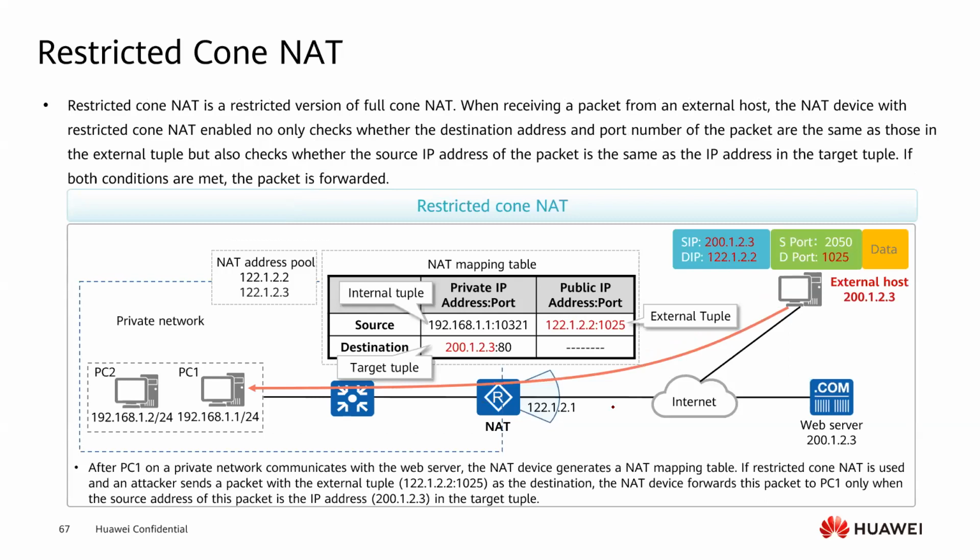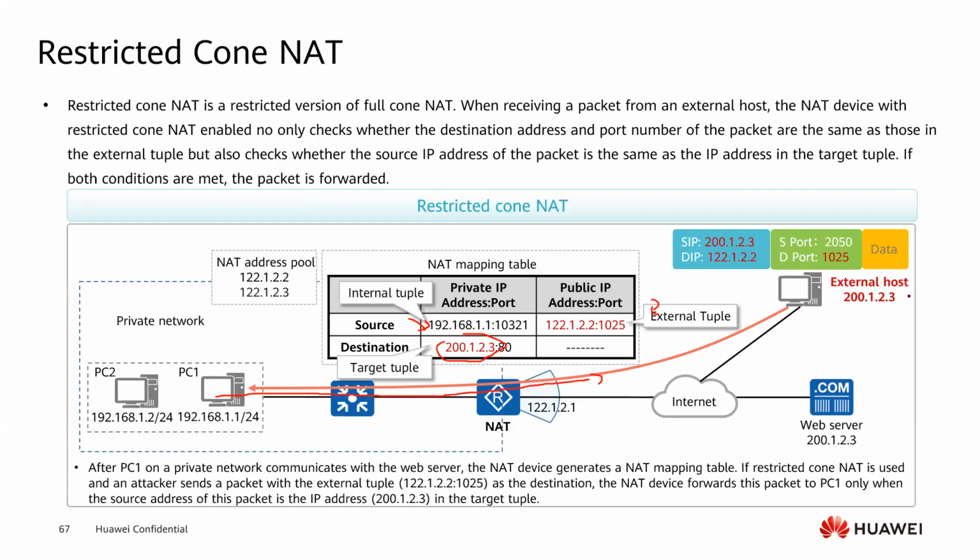Another is called restricted cone NAT, or sometimes you will see it as restricted IP cone NAT, same thing. It means that when I send a packet out, there are the internal tuple, external tuple, and target tuple.